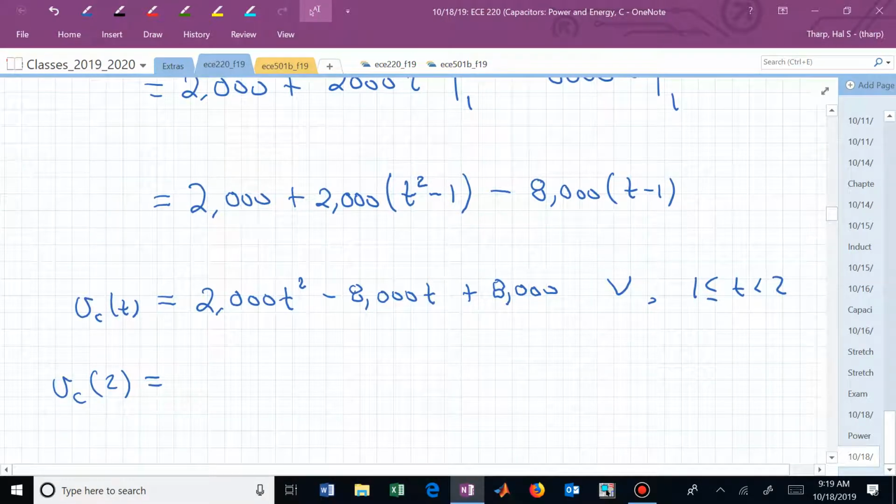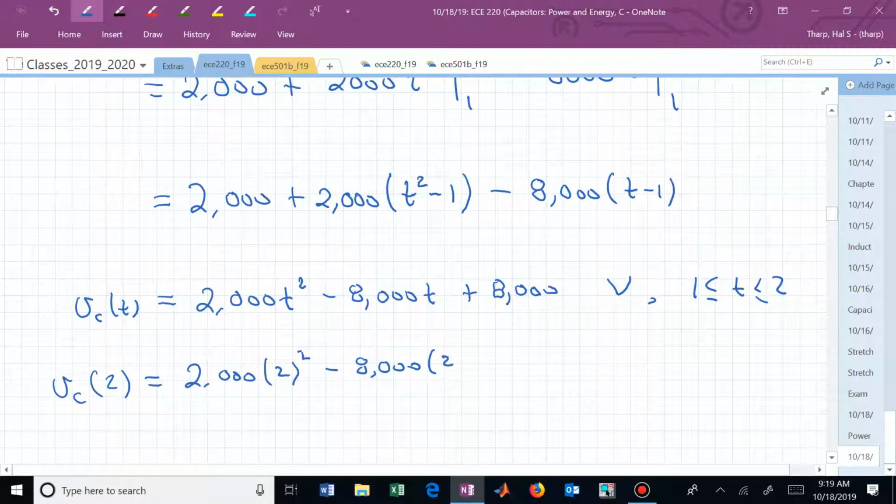And if somebody now wants to know, well, what's my voltage right at time 2? We simply evaluate that at 2, and we now end up with 2,000 times 4 minus 8,000 times 2 plus 8,000.